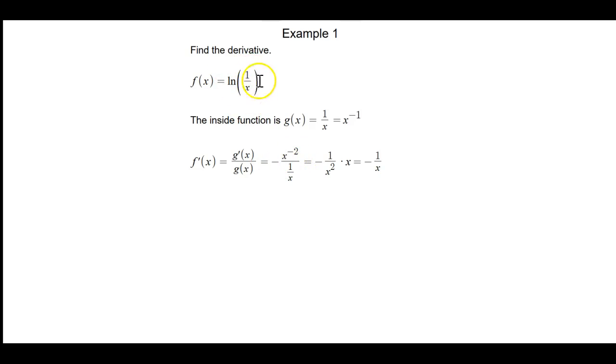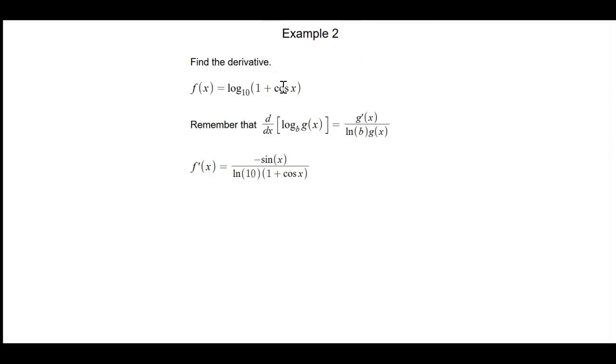And the derivative of the outside is 1 over u. So I am evaluating 1 over u at 1 over x, so I actually have 1 over x in the denominator. And you see how that works out as g prime of x over g of x, and simplifying I get simply minus 1 over x.